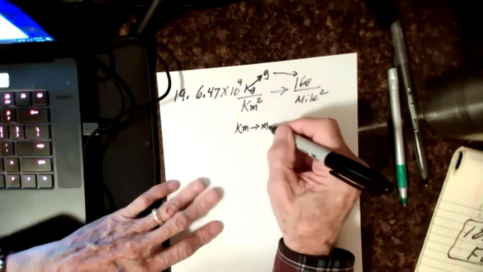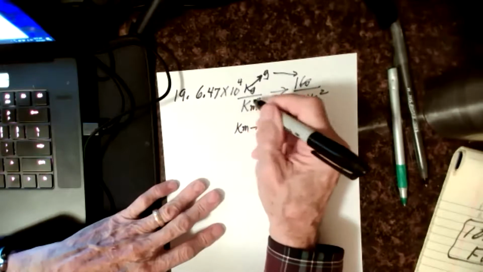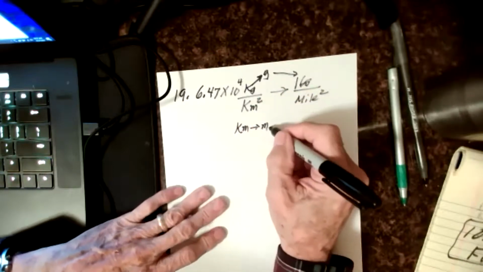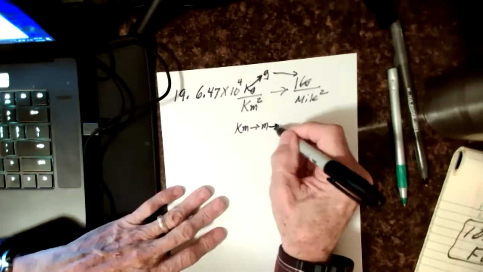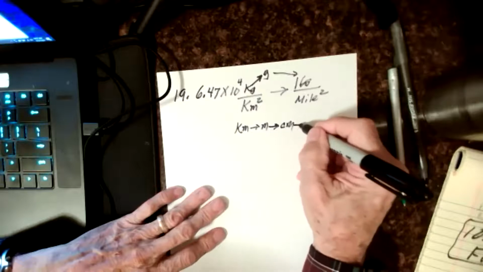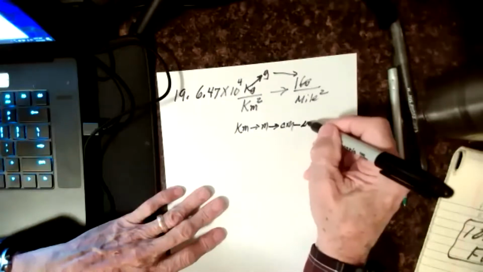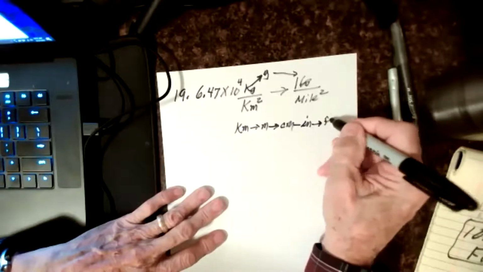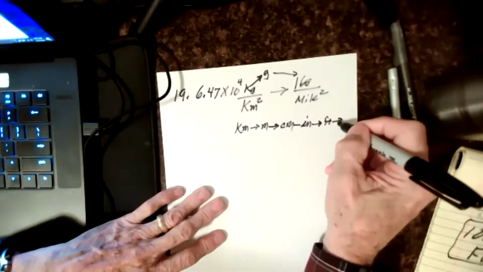That's going to be okay. I mean, I just replace the K with 10 to the 3rd. And we're going to go from meters. I'm going to go to centimeters because I know how to go from centimeters to inches. Then I know how to go from inches to feet. And then I know how to go from feet to miles.